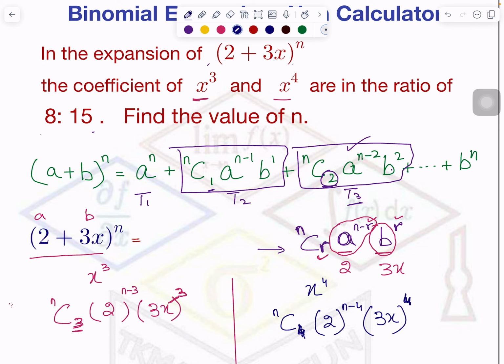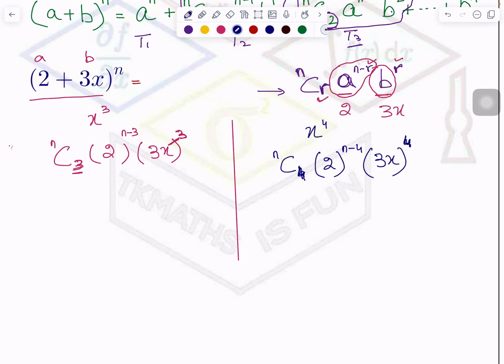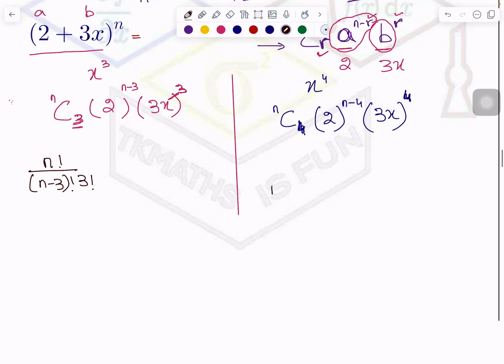They are in the ratio of 8:15. So let me first of all simplify them. nC3 is n factorial divided by (n minus 3) factorial times 3 factorial. By the way, if you don't know this, let me remind you: nCr equals n factorial divided by (n minus r) factorial times r factorial.